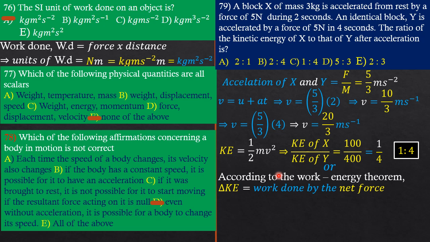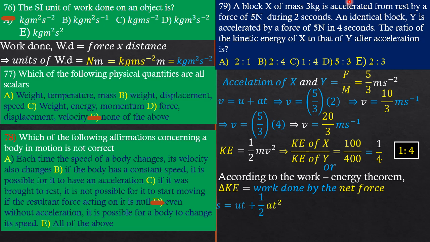This is according to the work energy theorem. In this case now, we seek to get the displacement of each of the blocks. Keep in mind that they have the same acceleration, they have the same mass, they are being acted upon by the same force, but the duration in which the force is acting is different. So we are going to get now the displacement.